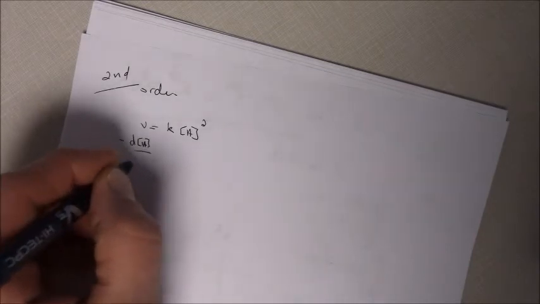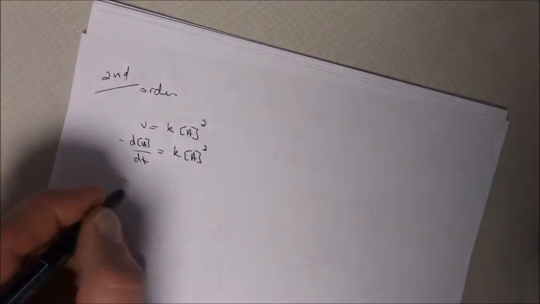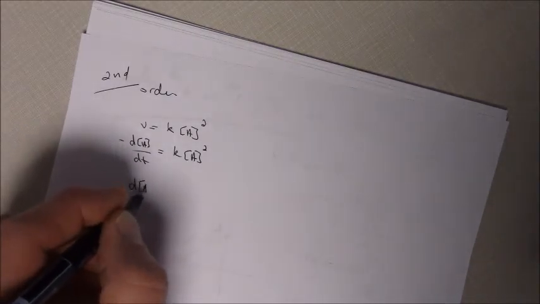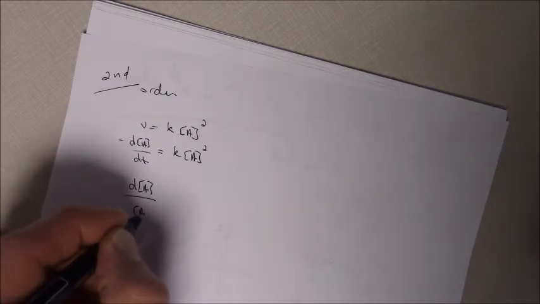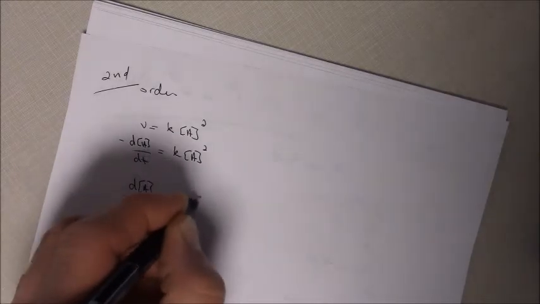Now you go to one of the other common ones, second order. If it was second order in A, you would have your rate being the constant times A squared. So negative dA/dt equals kA squared, and then dA over A squared equals negative k dt.